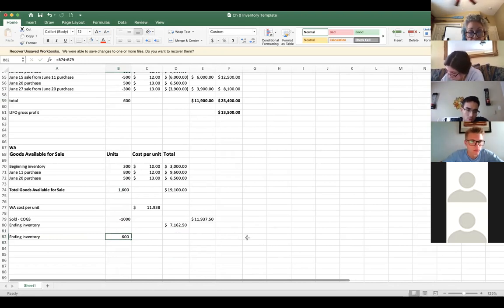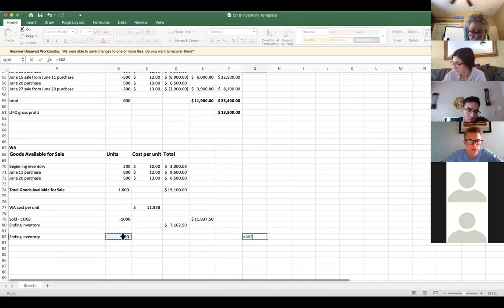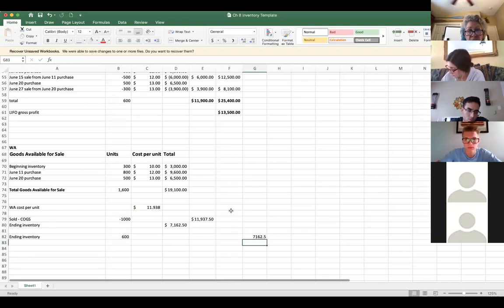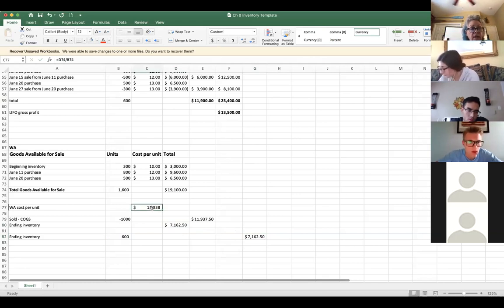I'll put the ending inventory over here. If I take the ending inventory and multiply it by the weighted average number, then I get the same number. What's the formula for the weighted average cost per unit? It is the total cost divided by the number of units.